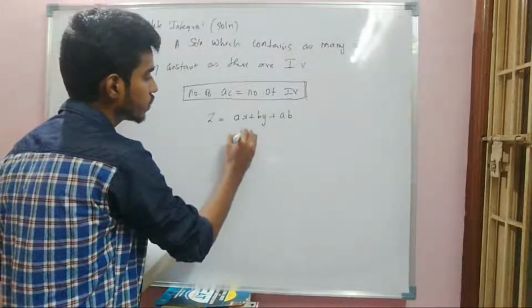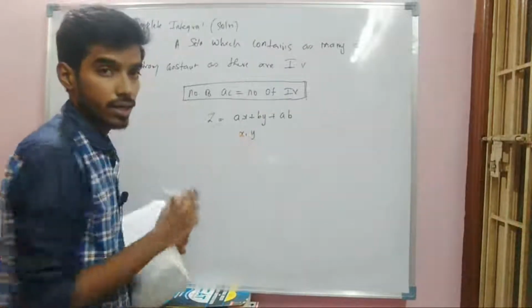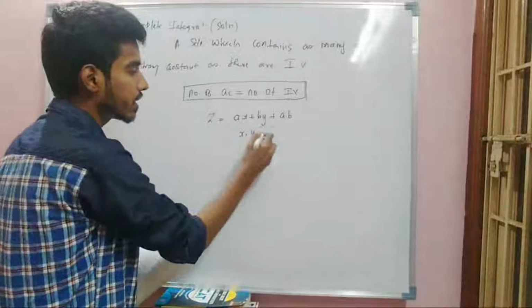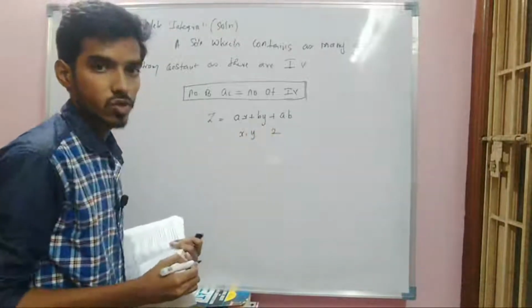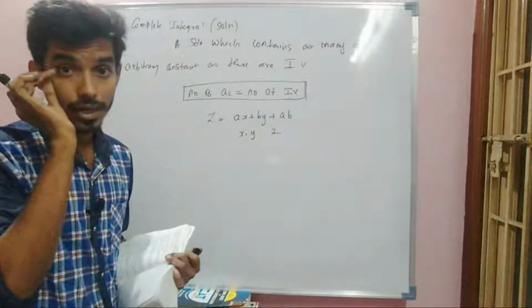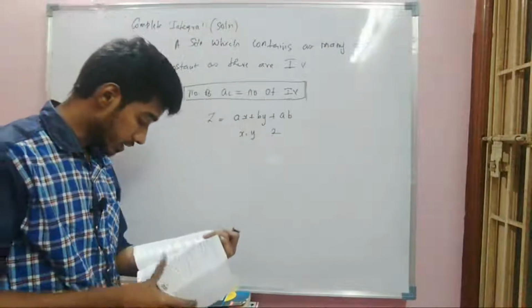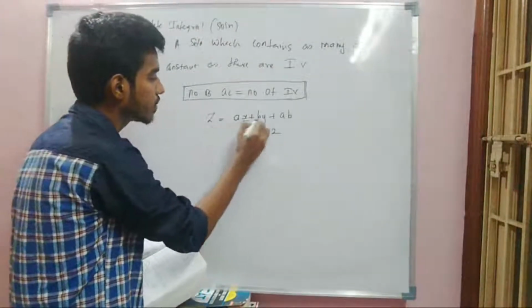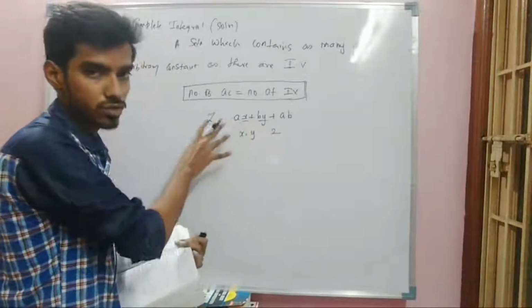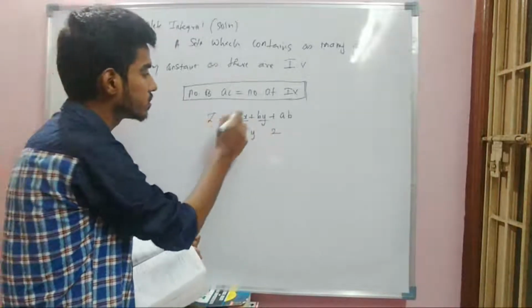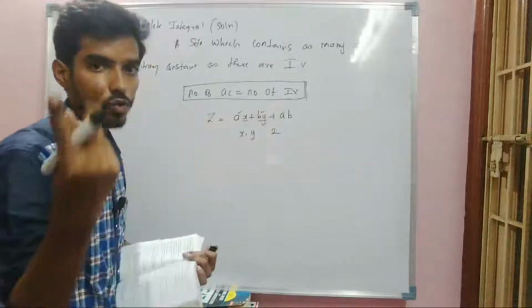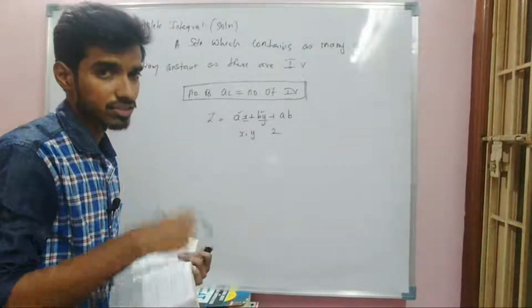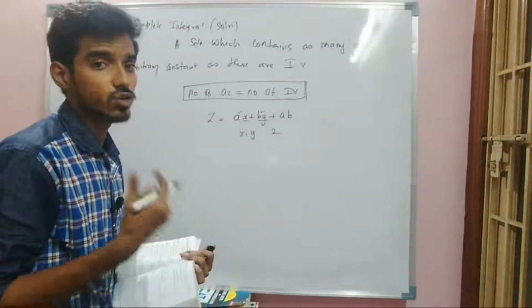There are 2 independent variables, x and y. And how many arbitrary constants? There are 2 arbitrary constants, a and b. Therefore, this is a complete integral, because the number of arbitrary constants is the same as the number of independent variables.